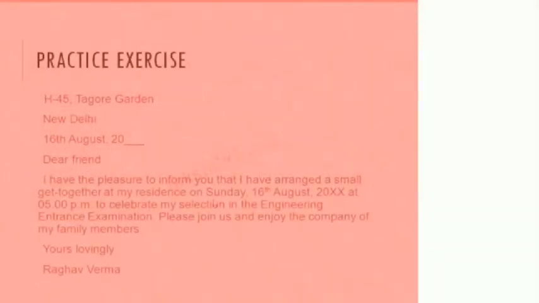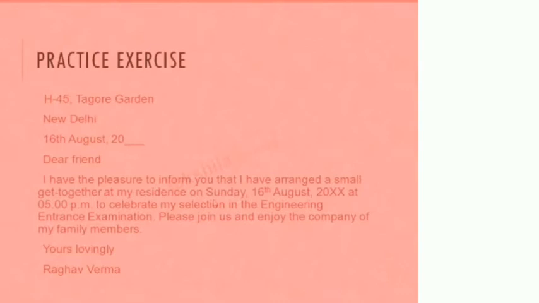Dear students, pay attention to how the question is solved here. As per the format or pattern, the informal invitation begins with the sender's address. The sender's address is written on the left side of the letter, in the corner: H45, comma, Tagore Garden. Then the next line, New Delhi.